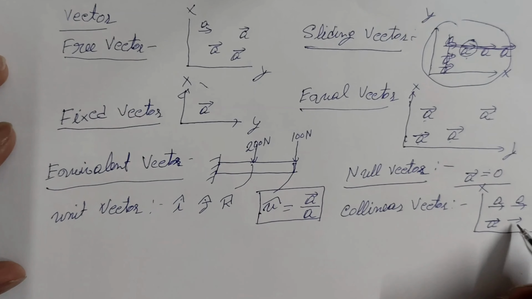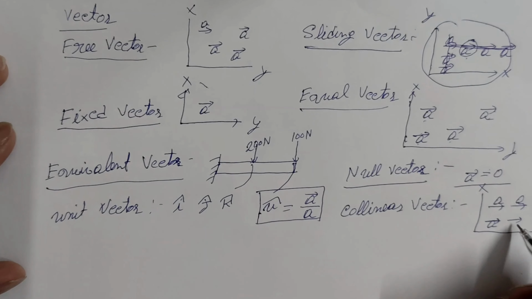If several vectors lie on the same plane, that time it is called a coplanar vector. Suppose this is the xy plane and several vectors, suppose that is vector a, that is vector b, that is vector c, that is vector d, and they lie in the same plane, that means the xy plane. That is called a coplanar vector.